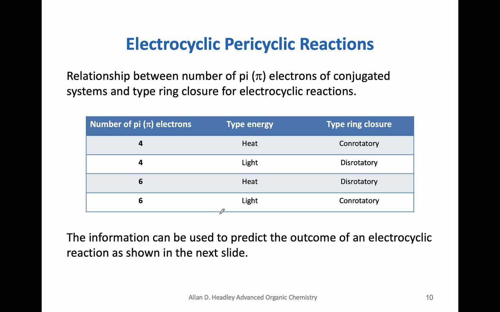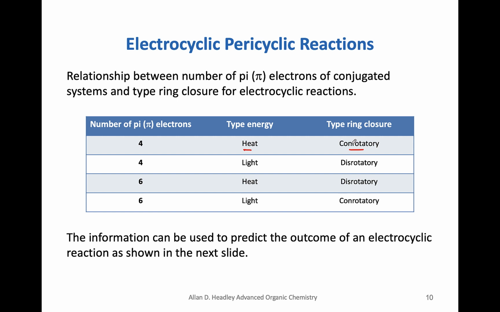Okay, so here's a summary of what we have covered so far. If the number of pi electrons is 4, as we've seen before, in the presence of heat, it's a conrotatory ring closure, which means that you'll have to exercise extreme care to determine the stereochemistry of the reactant.